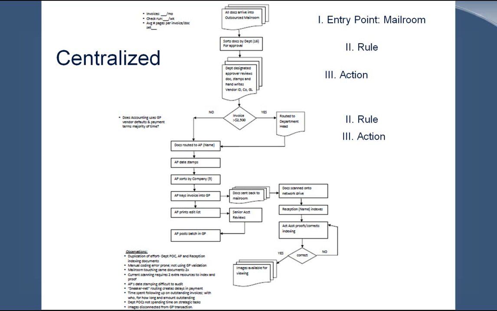If it's Department 1, it goes to the designated approver. If it's Department 2, et cetera, et cetera. And then you have your action, both based on department and here based on invoice amount. So this could be considered a multi-level approver.